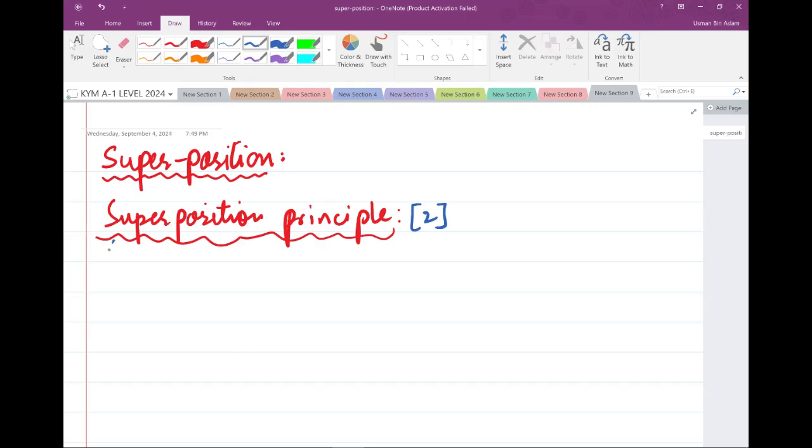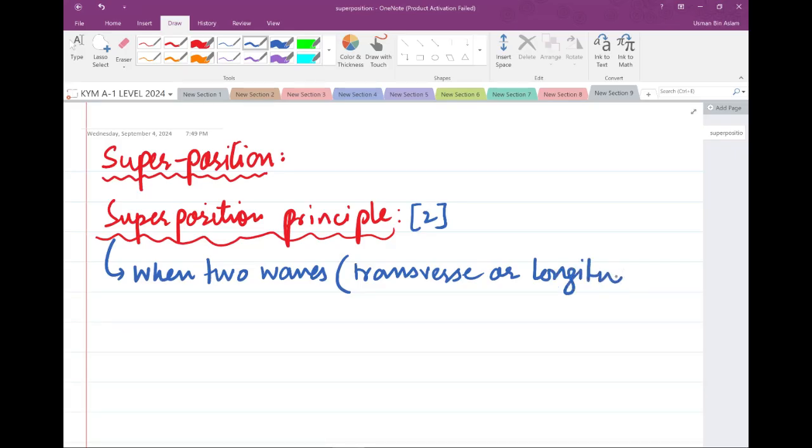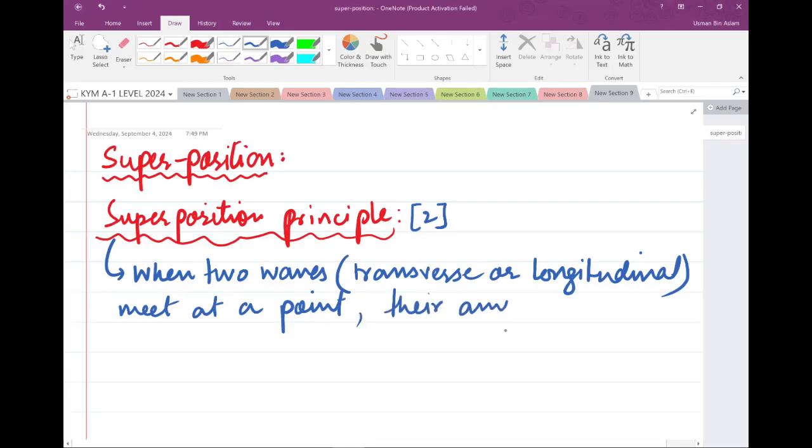For 2 marks. When two waves, transverse or longitudinal, that means this phenomenon can be observed for both types of waves, transverse or longitudinal, meet at a point, their amplitudes get added.